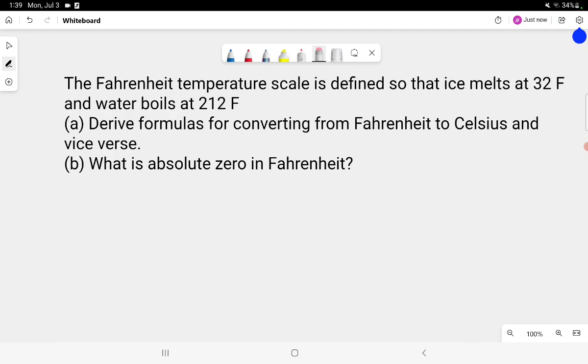So I'm going to need another set of facts here so that I can match these up. So we know that 0 degrees Celsius is freezing, and 100 degrees Celsius is the same as the boiling.